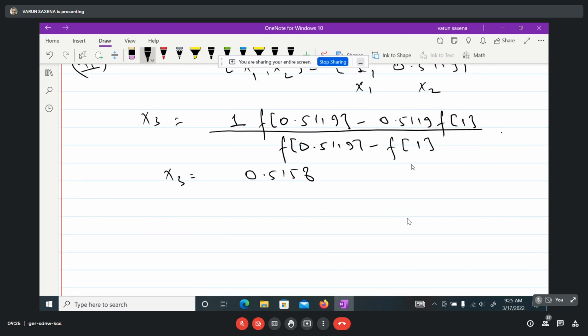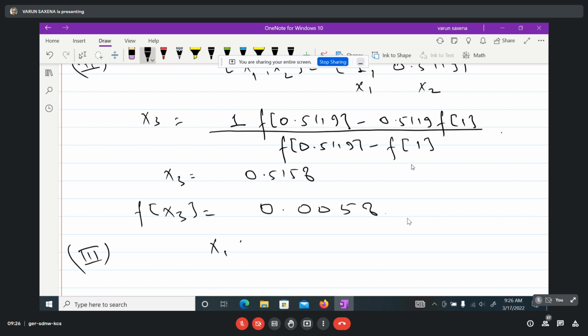Okay, then you check again. The value that you get is 0.058, and this is also not less than 10 to the power minus 4. So we proceed further in the third iteration.